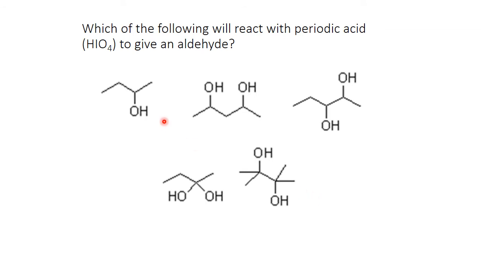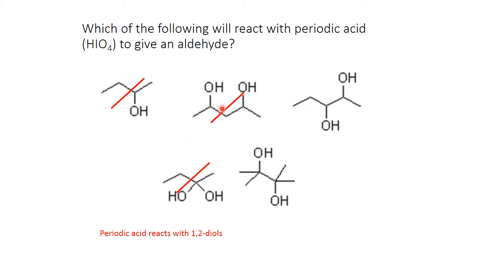Which of the following will react with periodic acid to give an aldehyde? The first thing you have to do is say, what does periodic acid do? Periodic acid will react with 1,2 diols. So right off the bat, you can say this one and this one are not going to react with periodic acid.